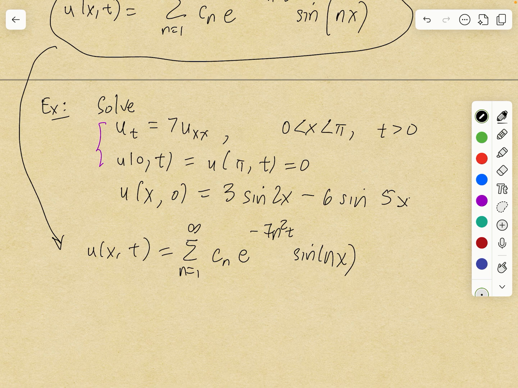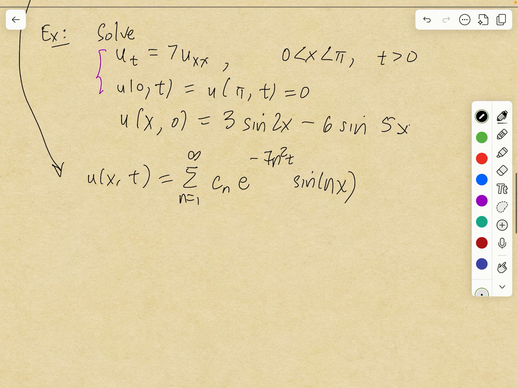We're going to plug in t equals 0, and then we're going to match that with what they tell you u of x,0 is. So you plug in t equals 0, you get u of x comma 0 equals, well, do you see what's going to happen when you plug in t equals 0 here? That's the only place where you see a t, right?